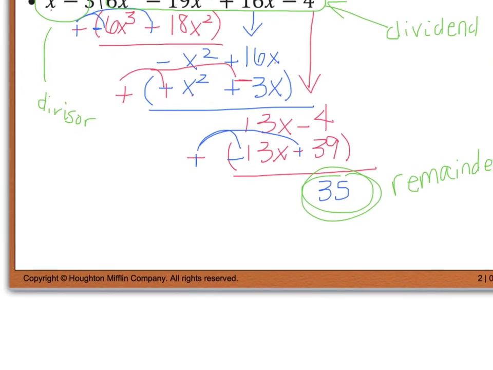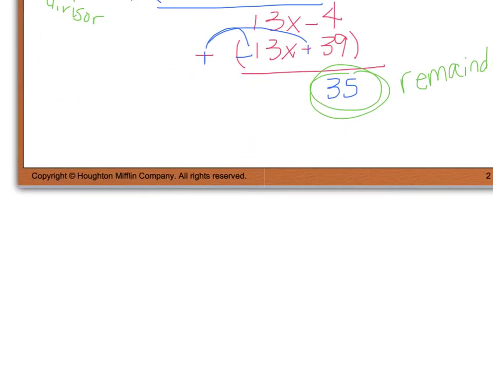Now, if you recall, your function, f of x, is going to equal your divisor, d of x, times your quotient, q of x, plus your remainder, which I'm going to write as r of x.